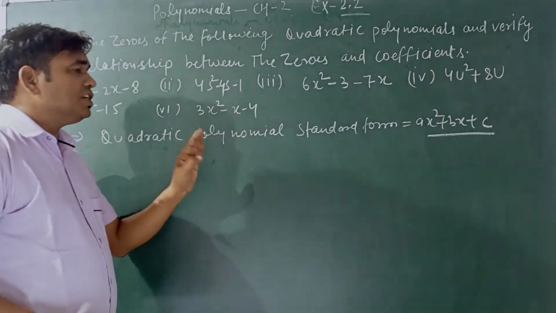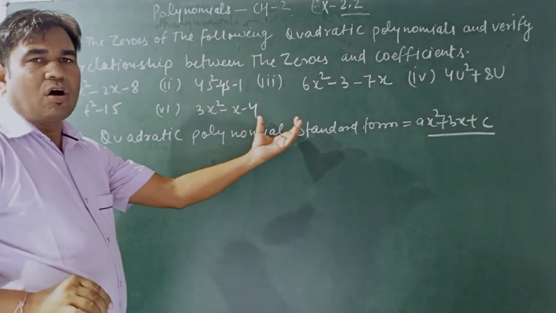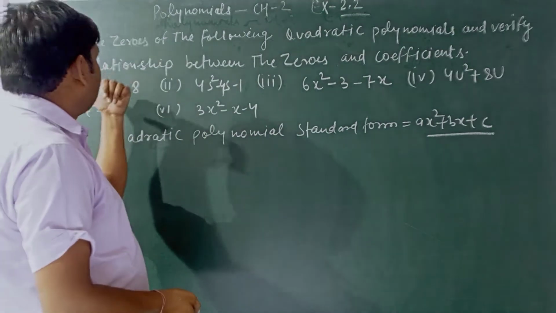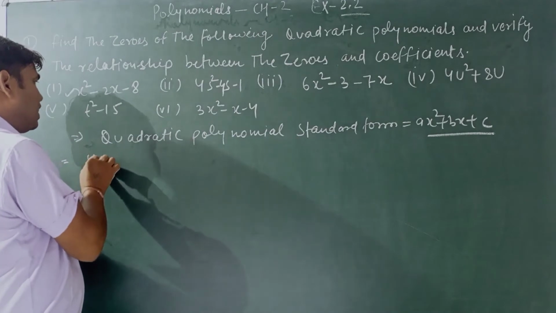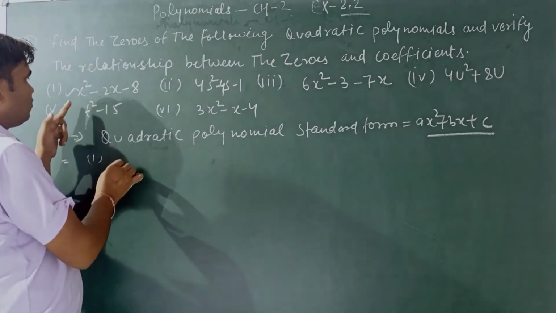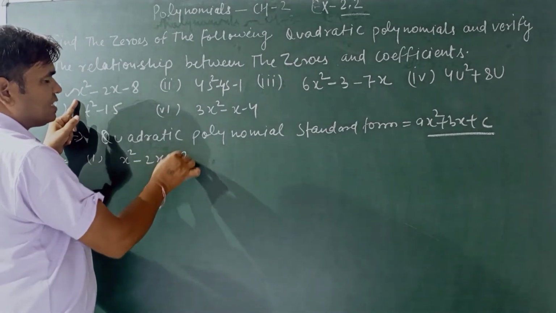So students, here we discuss all parts of question number one, one by one. We take the first part, that is x square minus 2x minus 8.